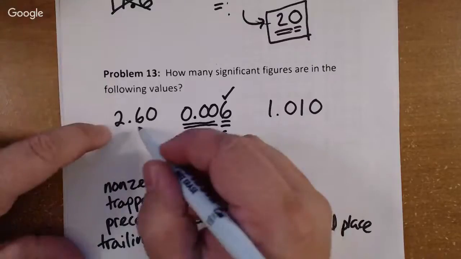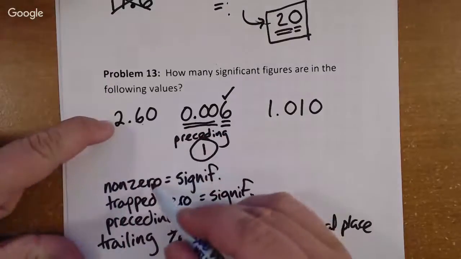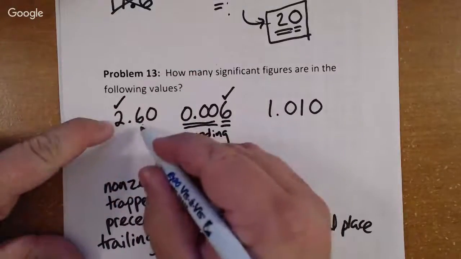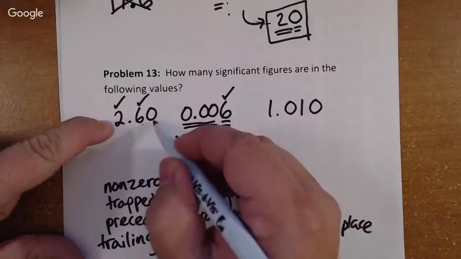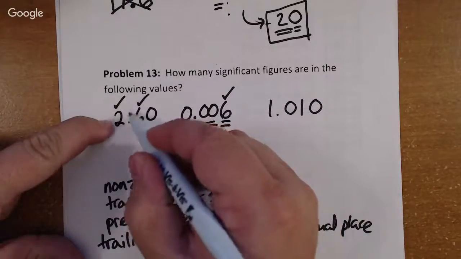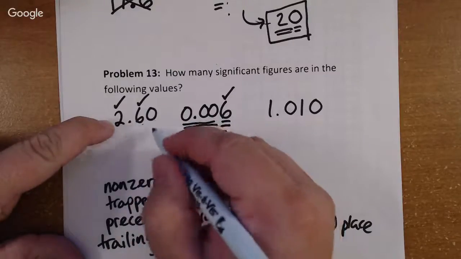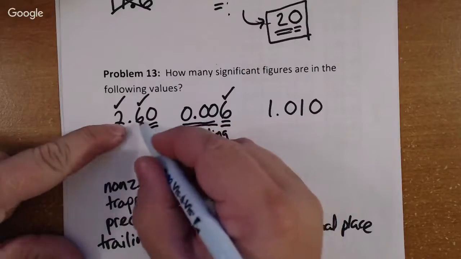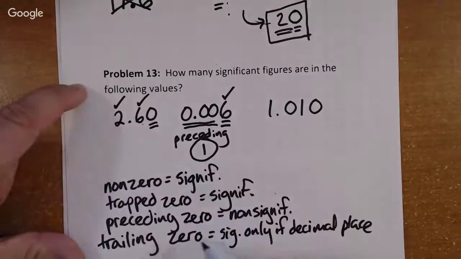If we look at 2.60, I've got a 2. That's non-zero, and it's significant. The 6 is non-zero and significant, and the 0 is not trapped. If I had a 0 between the 2 and the 6, it would be trapped. Instead, it's trailing. It's trailing the last non-zero digit, not the decimal place, remember. And the rule for trailing was it's significant only if there's a decimal place.